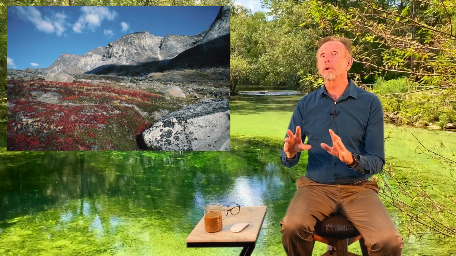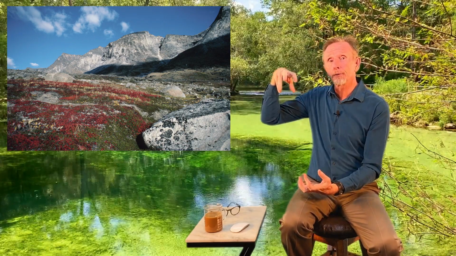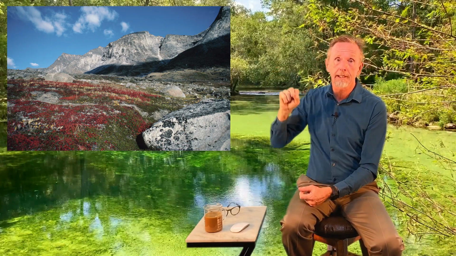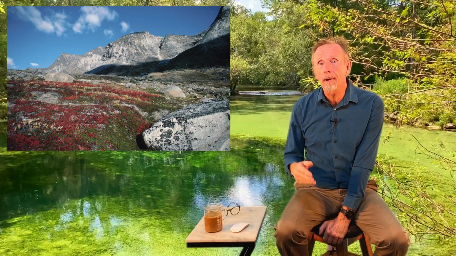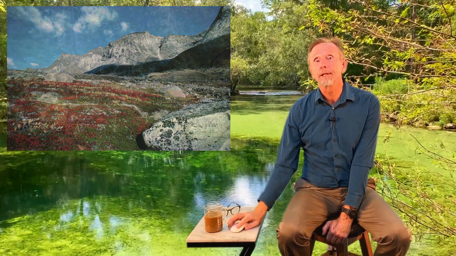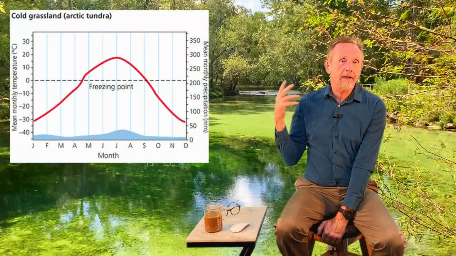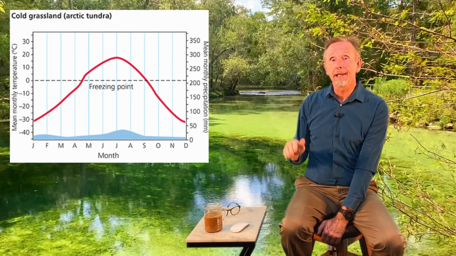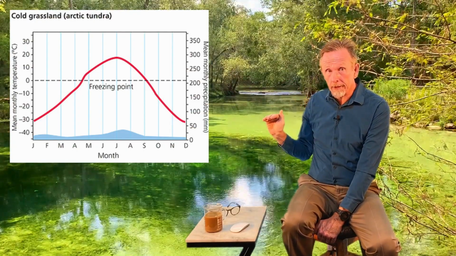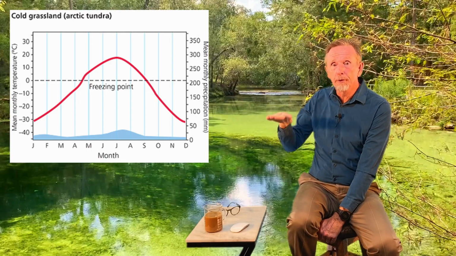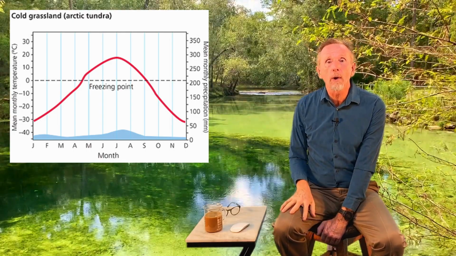So we find tundra really in two places, in the Arctic regions and Antarctic, and up in some alpine, very high mountain areas. As we look at here, very little water, right by the graph. The blue is very low and wavering.